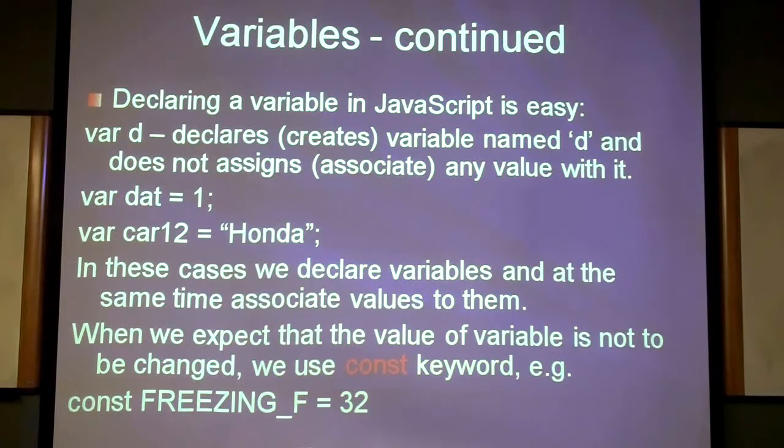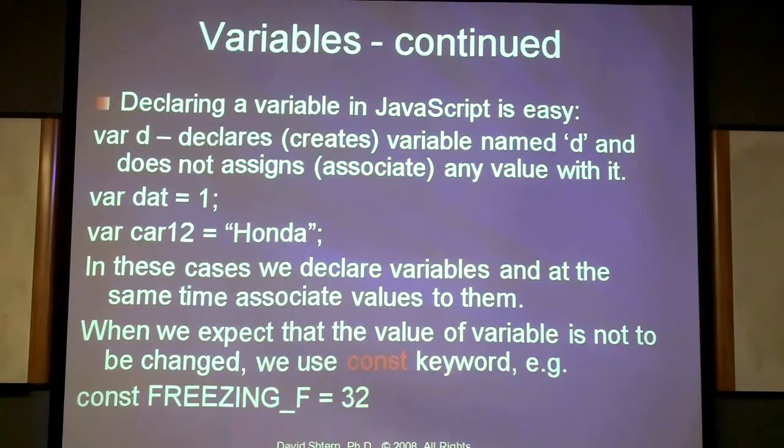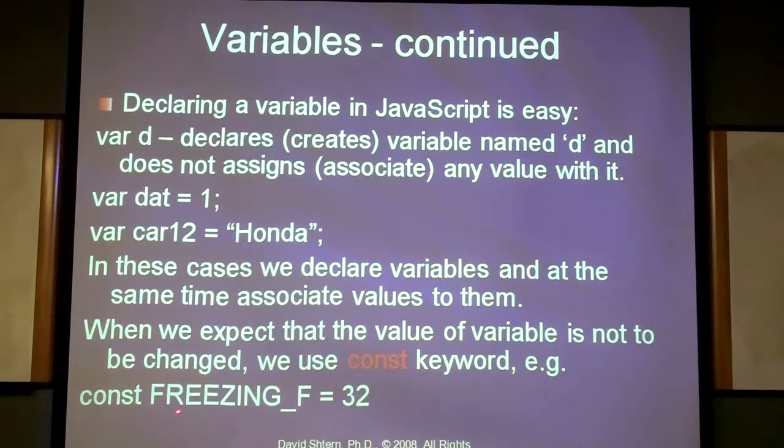Another thing is that in the future version, the const keyword will also be provided. This is for the case when the value of the variable is not supposed to change. For example, if you're working with a temperature conversion application, you can use a variable freezing point in Fahrenheit and assign the value 32. And this freezing point is not going to change, at least not in the observable future, unless we have different atmospheric pressure.